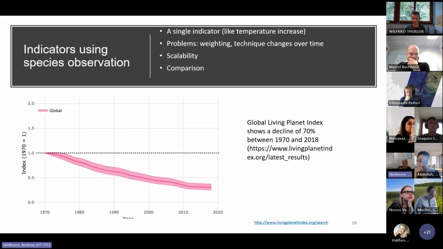So the challenge that emerged was very much, is there a single indicator, like temperature increase, that could be used to show biodiversity change?